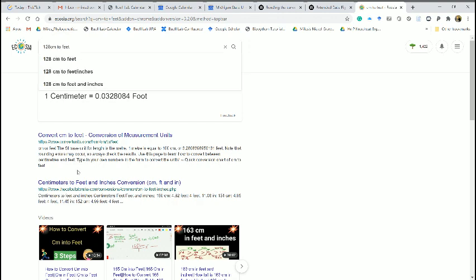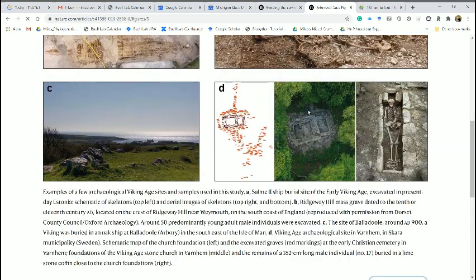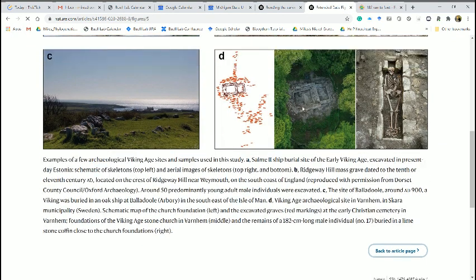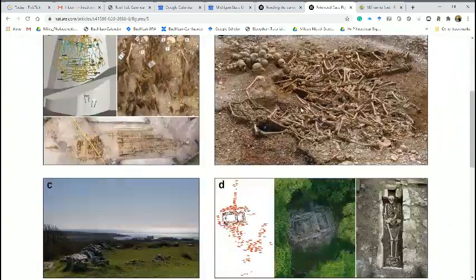Let's see if my browser will do it. I'm 5'9". That wasn't as tall as I was thinking. About 6 feet, definitely taller than me. Anyway, interesting.